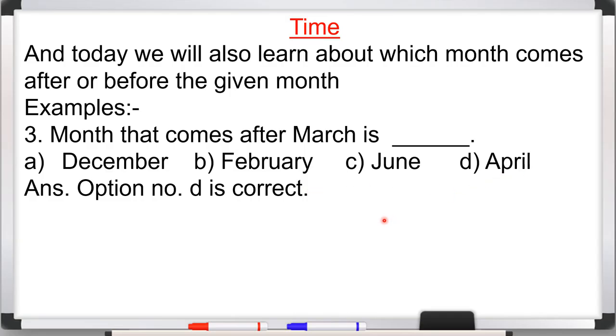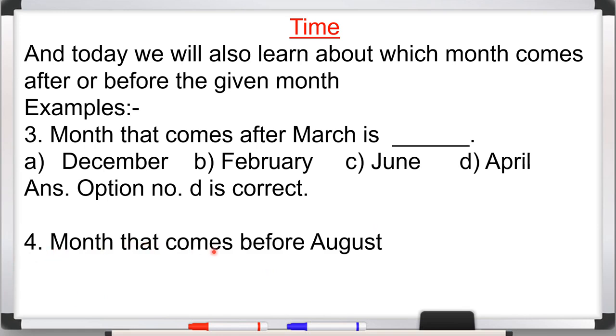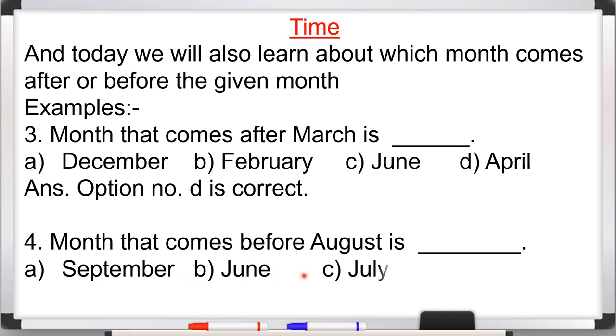Understood? Now example number 4. Month that comes before August is dash. So here it means the month that comes before August. Okay, so again we have four options: A September, B June, C July, and D October. So again we have to count the number of months, starting from January.